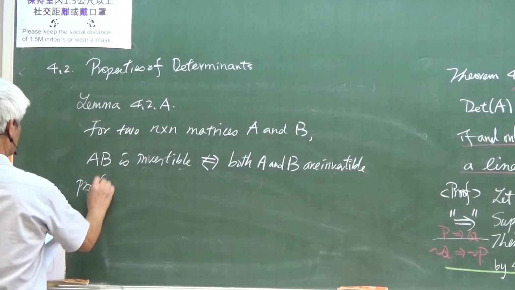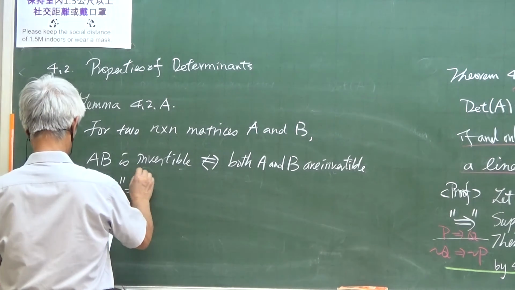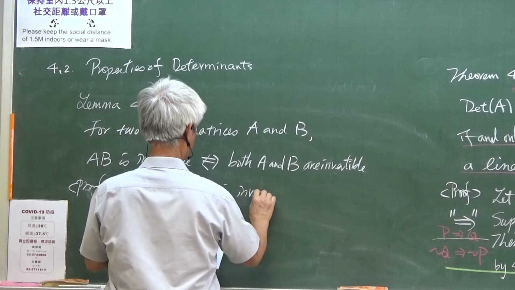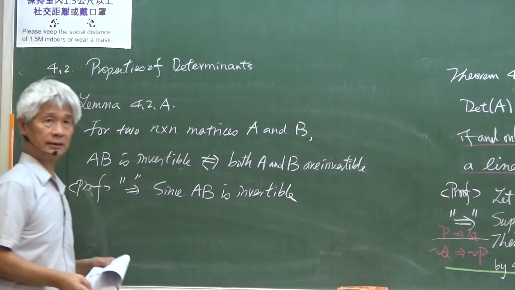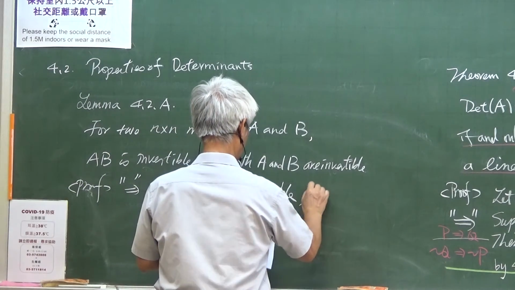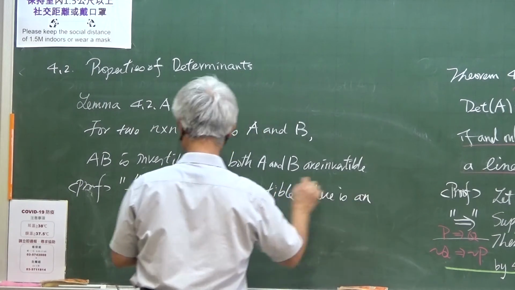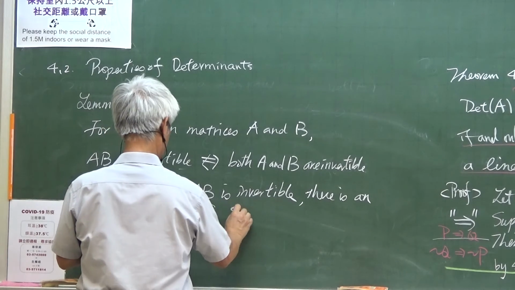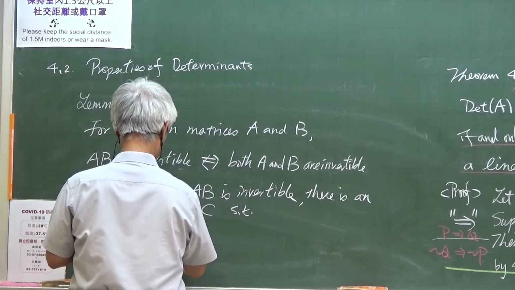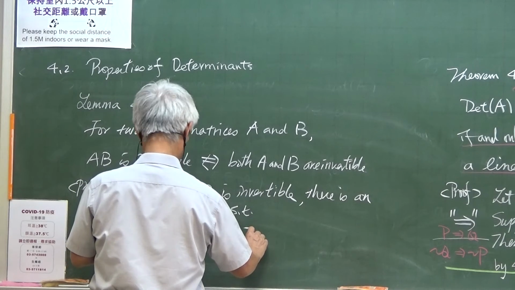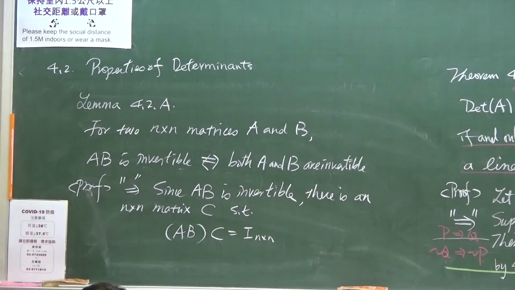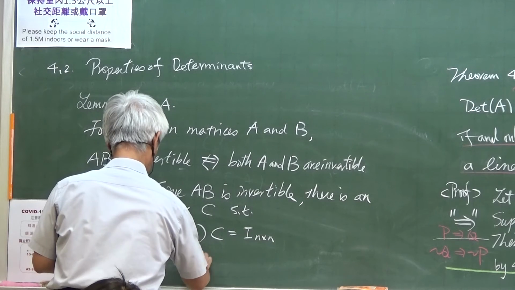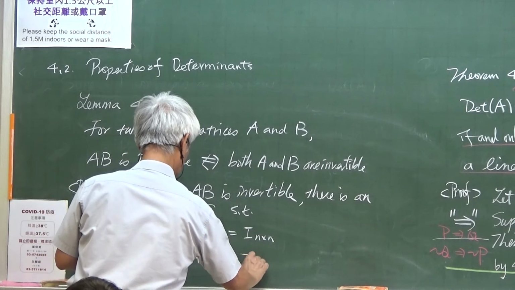Alright, so proof. Forward direction. Since A times B is invertible, there exists an n times n matrix C such that ABC equals the identity, and CAB equals the identity.